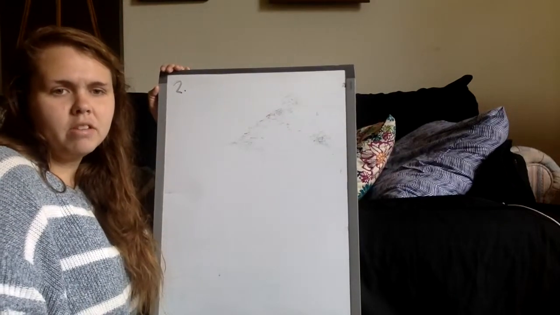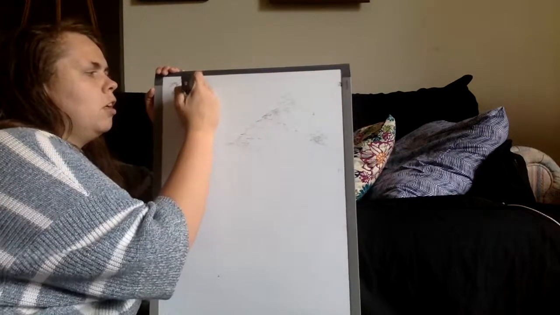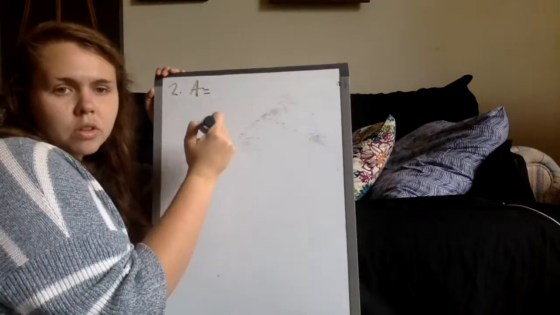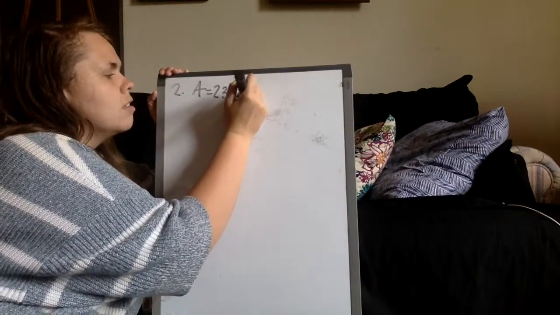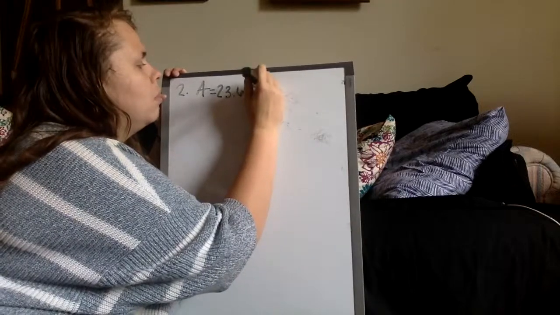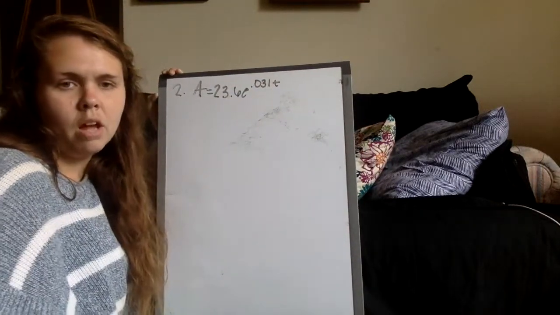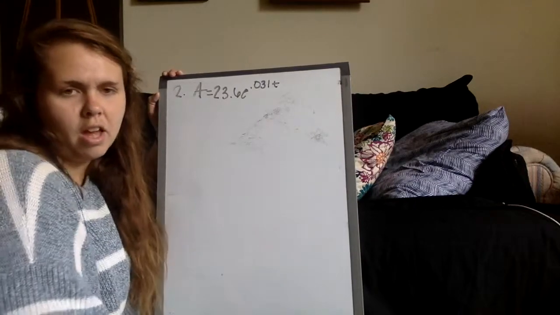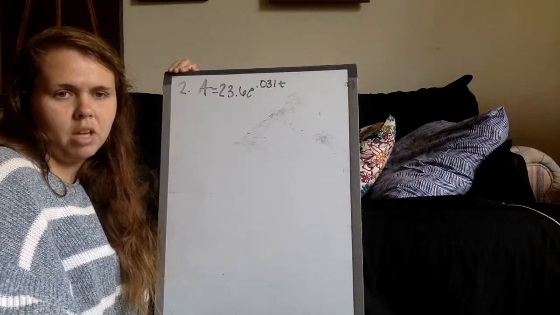Alright, so now we're going to continue on to the next question. It says we have an exponential model, A equals 23.6 e to the 0.031t, describes the population of a country in millions and t years after 2003.